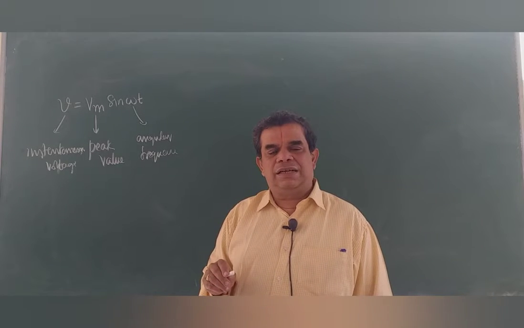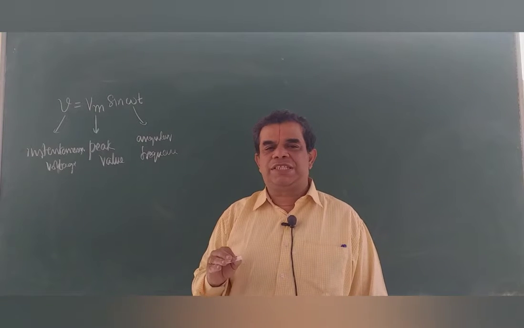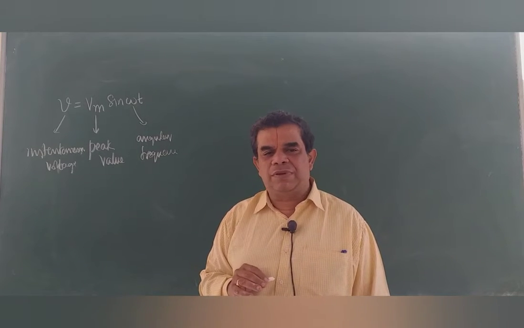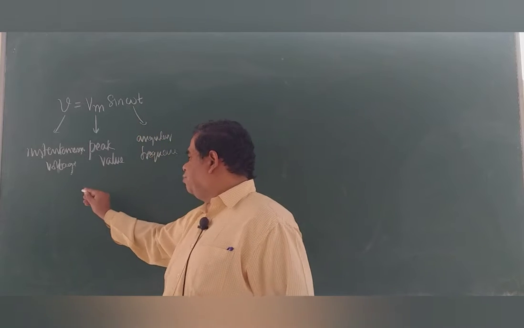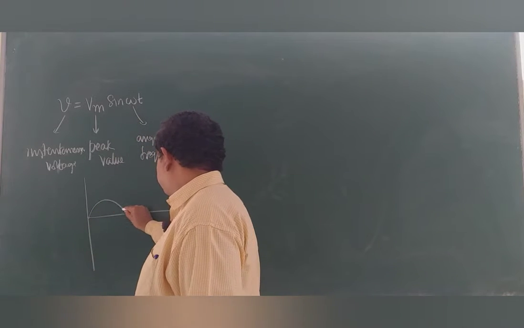AC is a voltage or current which varies periodically with respect to time. Say if we draw a graph for this voltage, we get a sine curve like this.